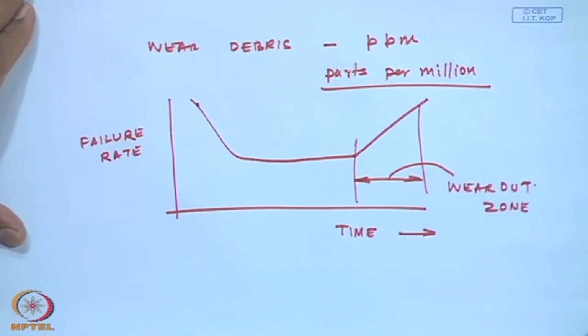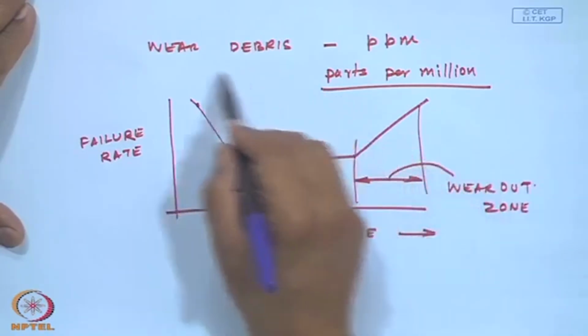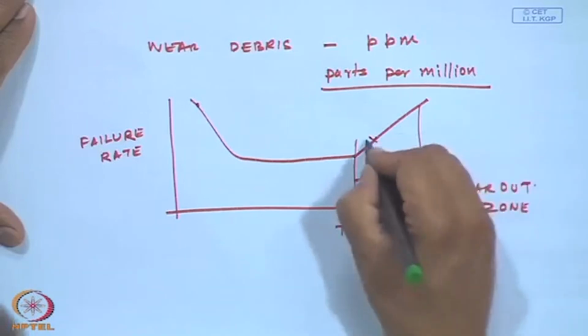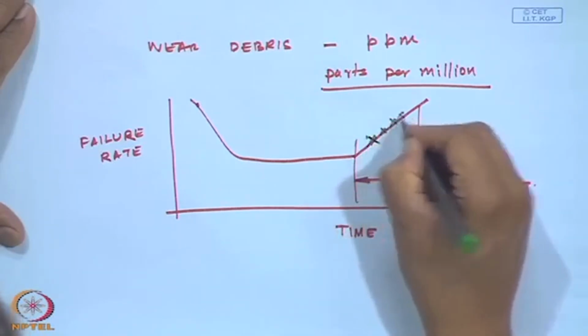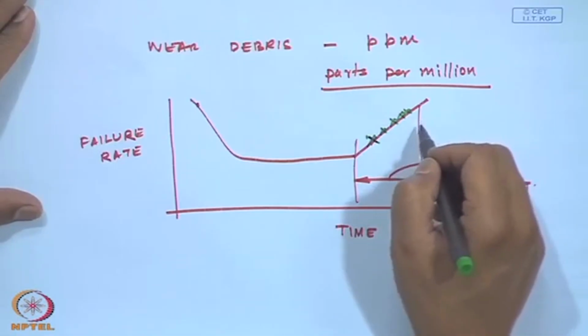What happens suddenly at a given time, if you see that the wear debris parts are increasing with time, you know that the defect severity has increased.